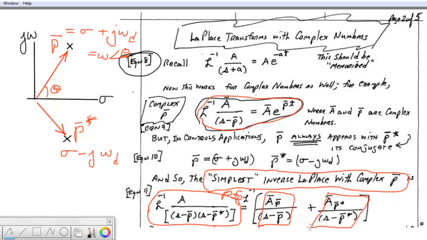So we call those capital A_P and capital A_P star. Now these are called residues. So the numerators have a name, and those names are residues. So there's a residue for the pole P and a residue for the pole P star. And these are evaluated graphically using phasors in a very easy and straightforward way.